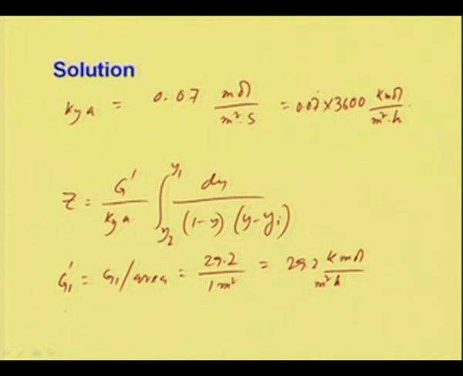Now, G2 dash is equal to Gs divided by 1 minus y2 into 1 meter square, which is equal to 25.04 kmol per meter square hour.